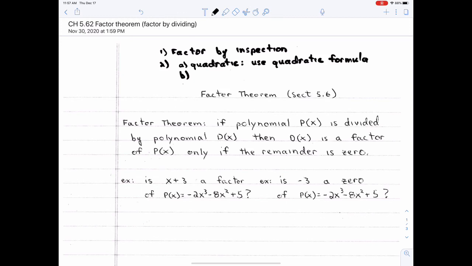But B, if the degree is greater than or equal to 3, then what you do is you divide until the remainder is 0.